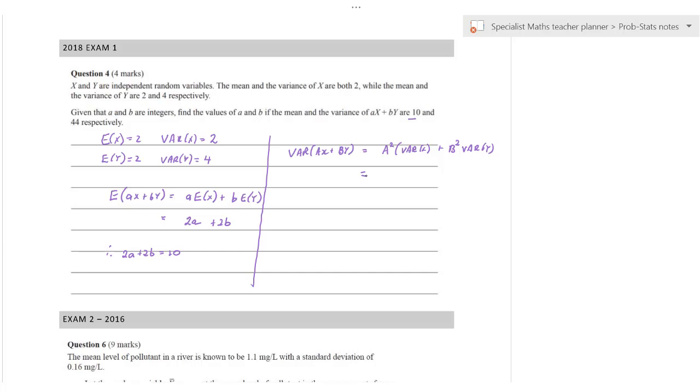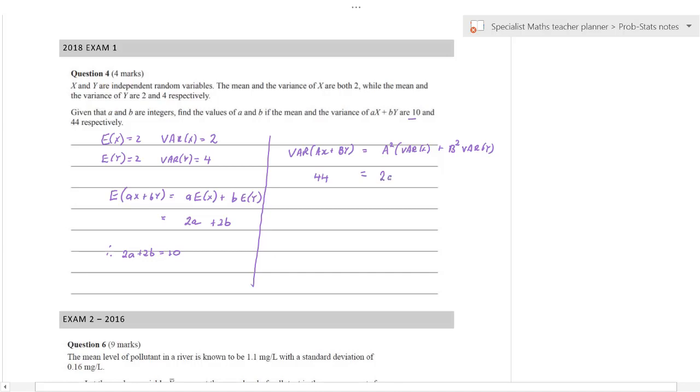It says that the variance is equal to 44. Then the A squared, which we don't know, times the variance of X. The variance of X is 2.